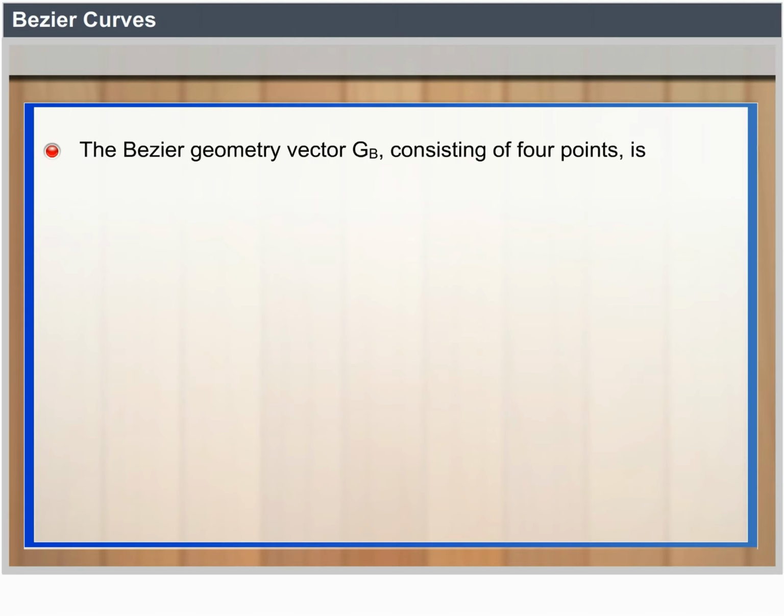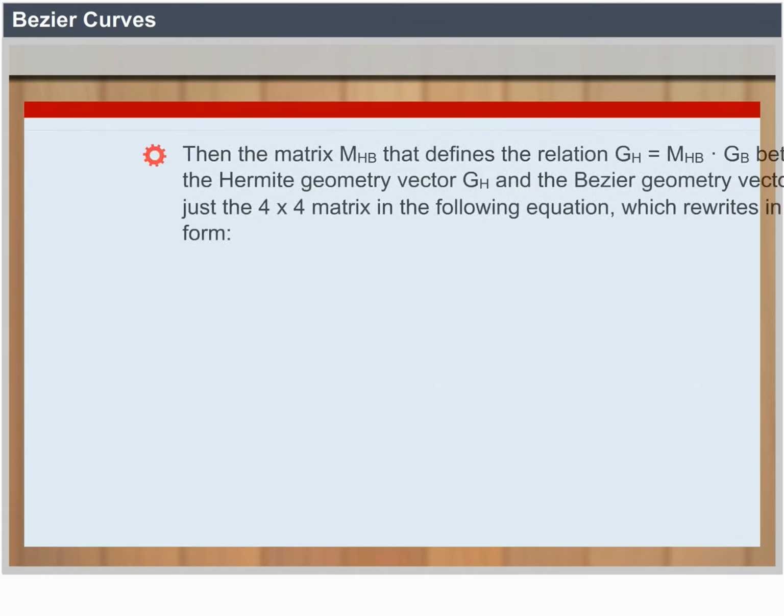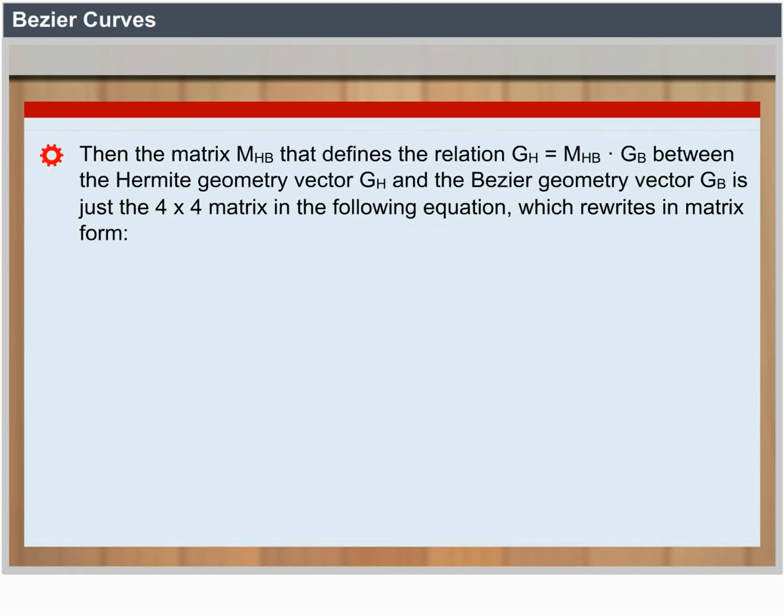The Bezier geometry vector GB, consisting of 4 points, is GB equals the matrix P1, P2, P3, P4. Then the matrix MHB that defines the relation GH equals MHB and GB between the Hermite geometry vector GH and the Bezier geometry vector GB is just a 4x4 matrix in the following equation, which rewrites in the matrix form as given below.